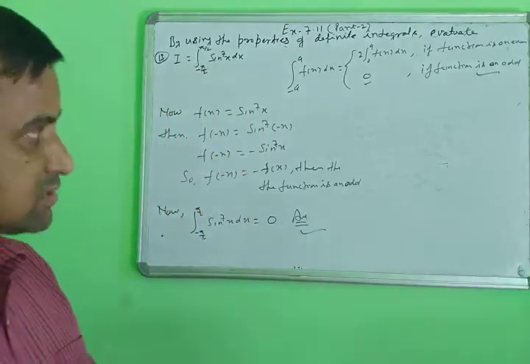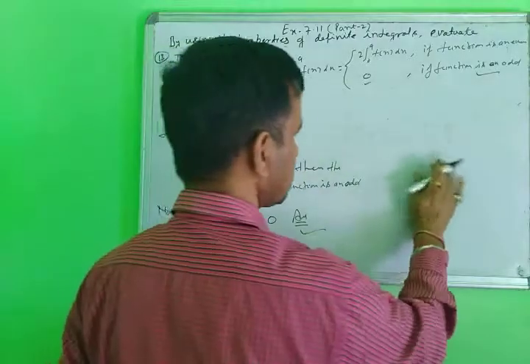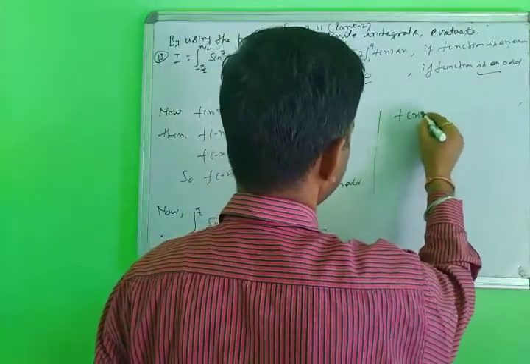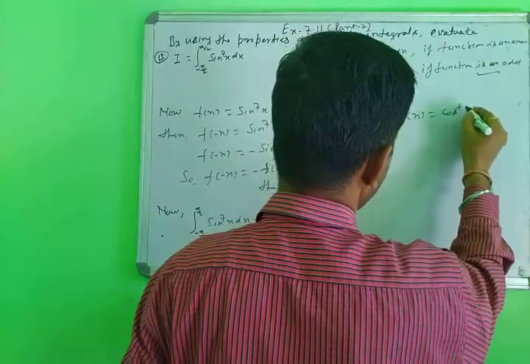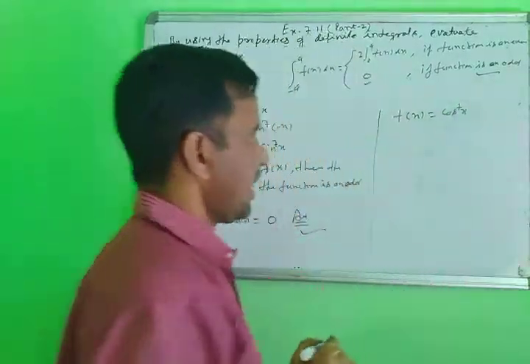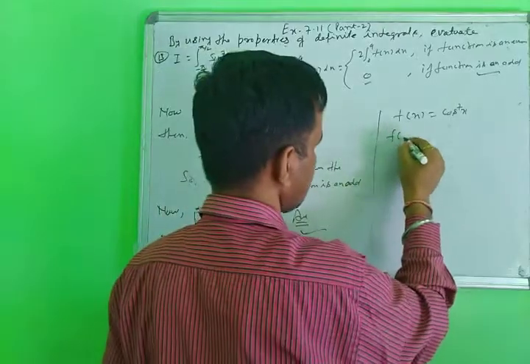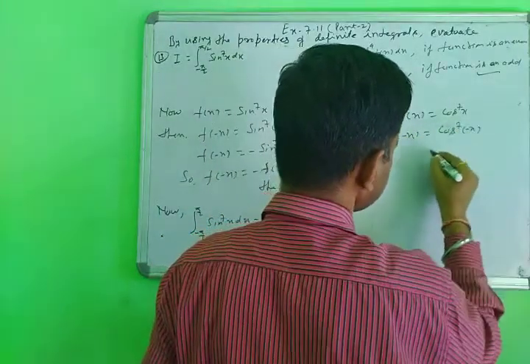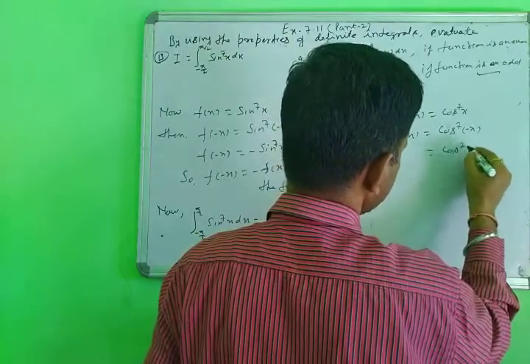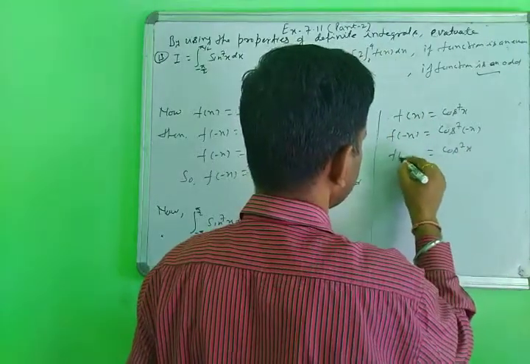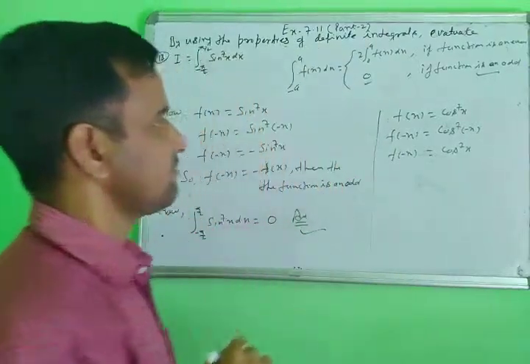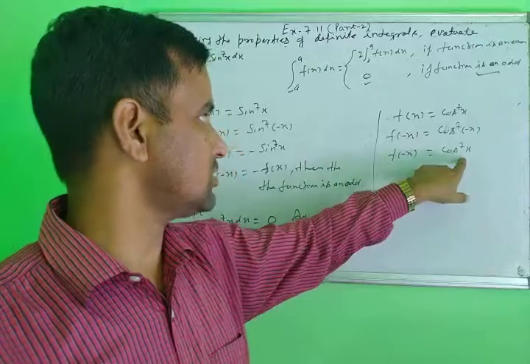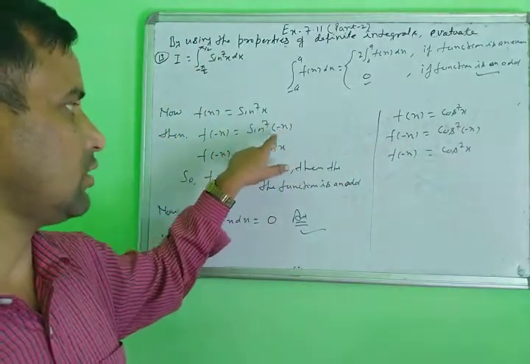According to this, in every question, suppose your function f(x) is cos 7x, and you take f(minus x) equals cos of minus 7x. The result here is always cos 7x. Cos minus theta equals cos theta, but sin minus theta equals minus sin theta.